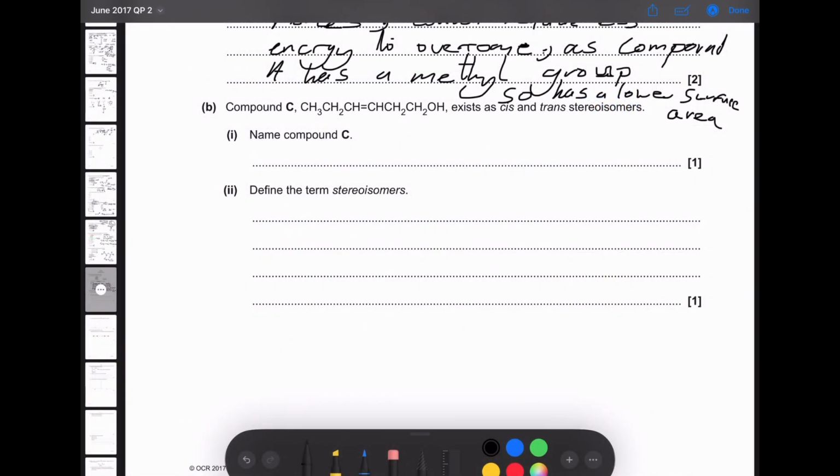Compound Z exists as cis and trans stereoisomers. Name compound C. Well, we've got 1, 2, 3, 4, 5, 6. So we've got 6 carbons, so it's going to be hex. We've got a double bond here, so it's going to be something N, and we've got an alcohol at the end here, so it's going to be ol.